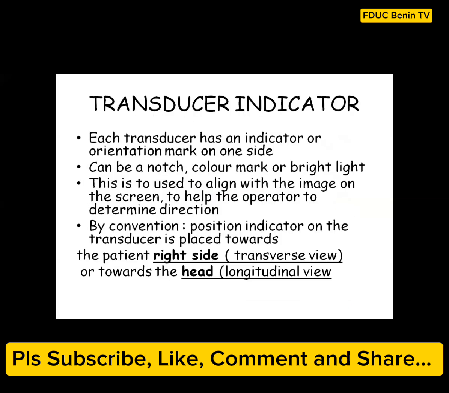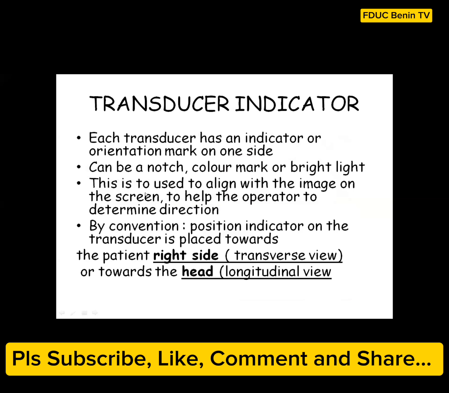Well, the transducer indicator is another important aspect that we have to understand. On every transducer, there is a marker, an indicator orientation mark on the side. Depending on the machine, it can just be a notch, or it can be a color mark, or it can be a bright light.